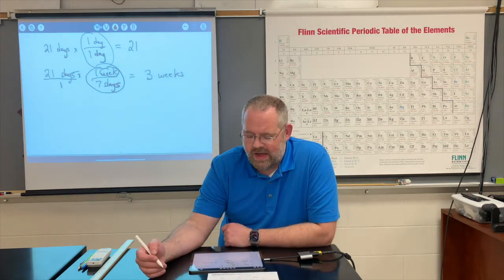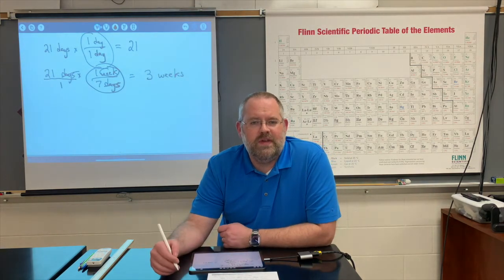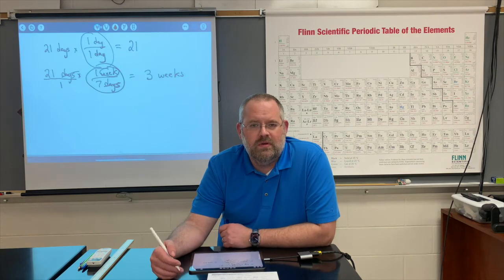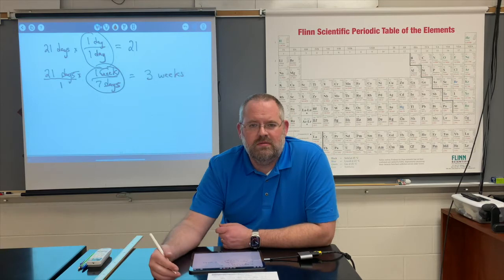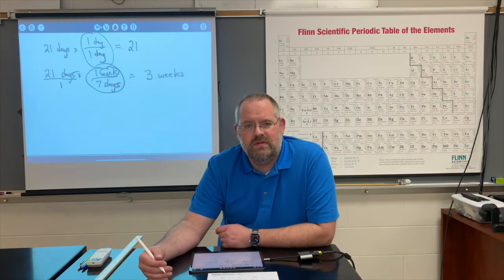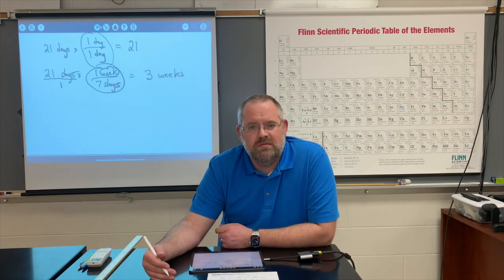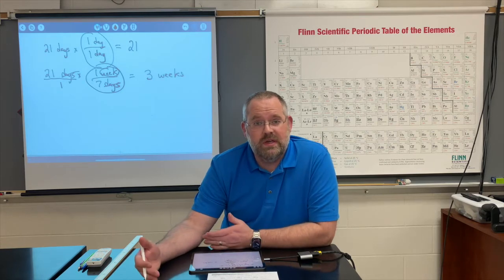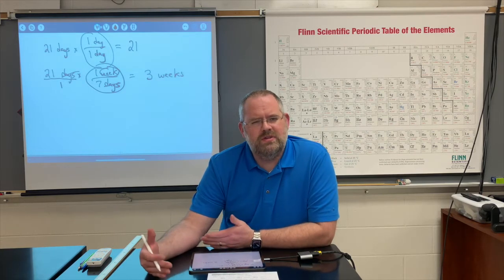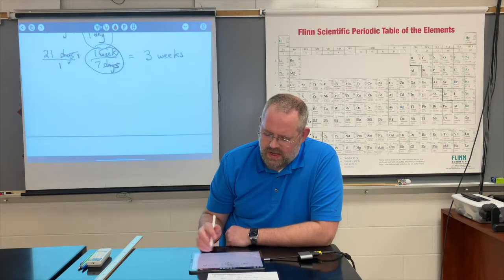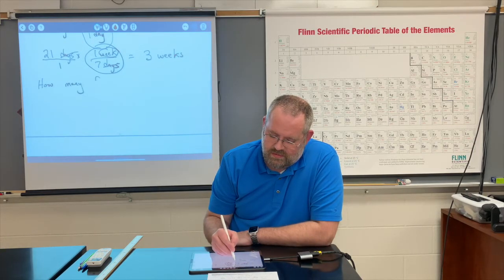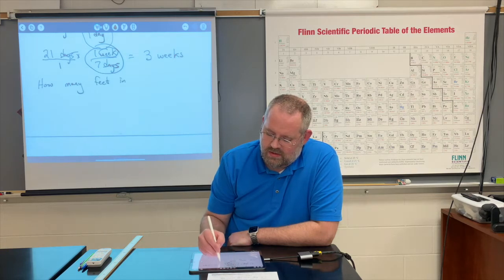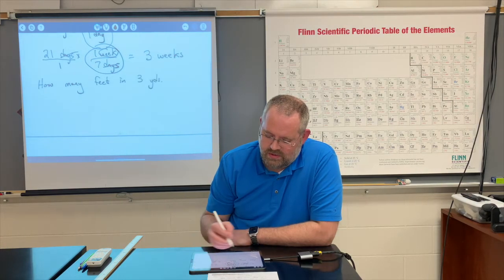Well, what if I ask you how many feet are in 3 yards? I think that most of us can sit there and say, oh, well, that's 9 feet. 3 feet in 1 yard, 3 times 3 is 9. Now, mathematically, how did you get that answer? How many feet in 3 yards? Well, I have 3 yards.